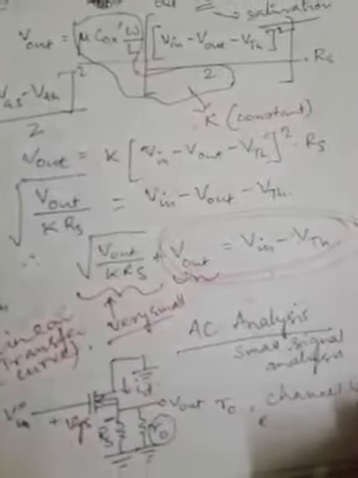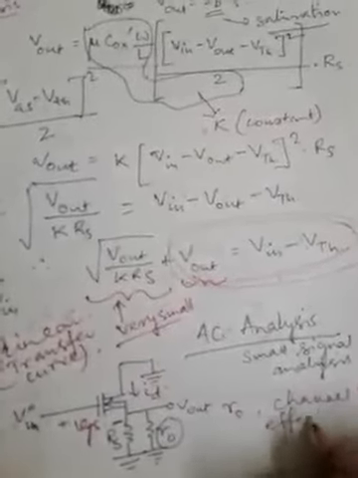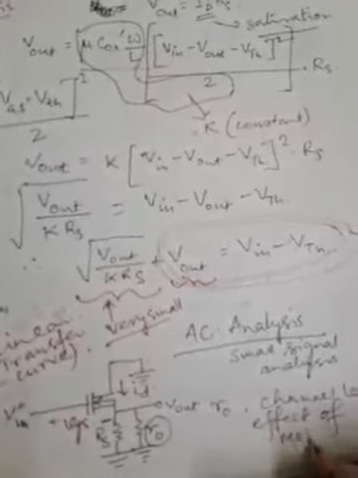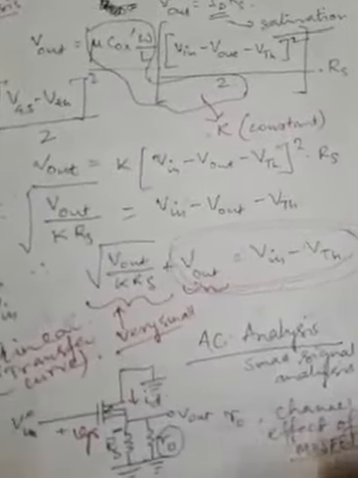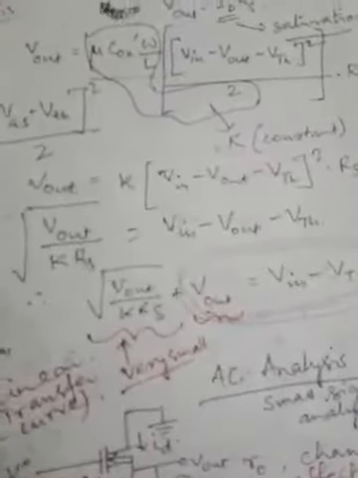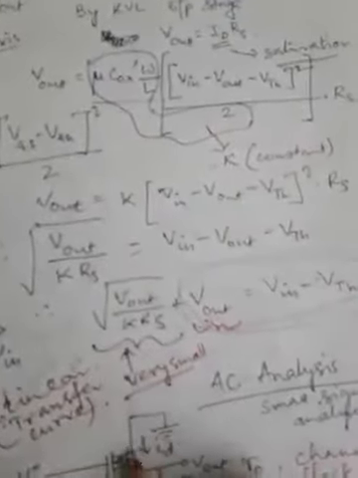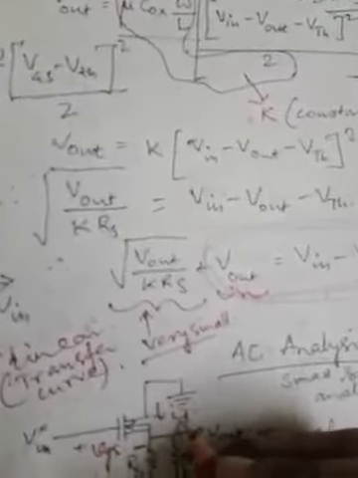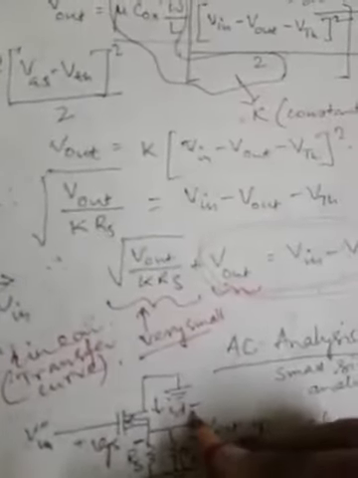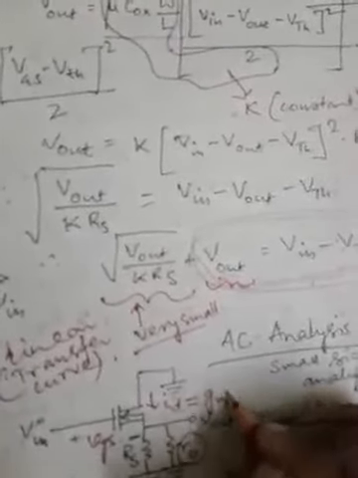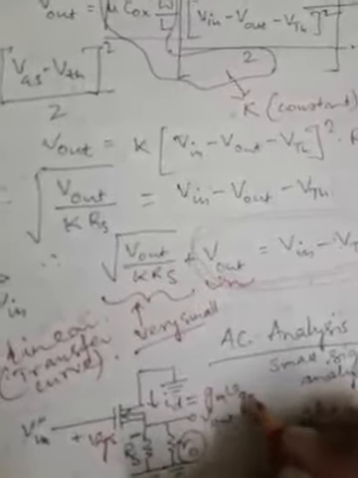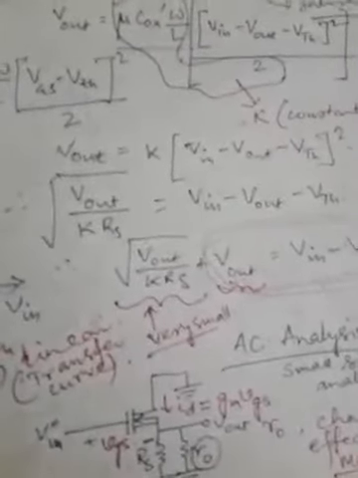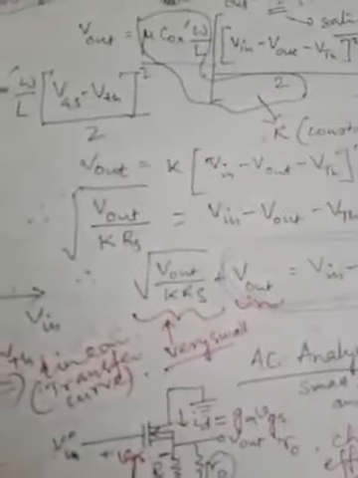This resistance is in parallel with this RS, and you can see from the circuit that this drain is grounded because of this common drain configuration, and this id, you know that this is the small signal component of ID or drain current, is equal to gm times vgs. So this is the small signal circuit. Now let us move on to derive the voltage gain from this circuit.